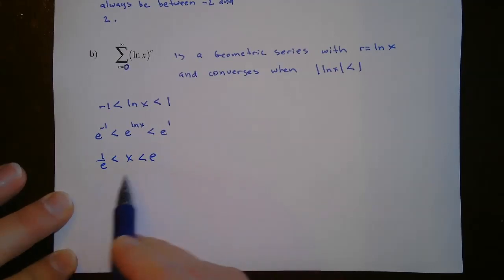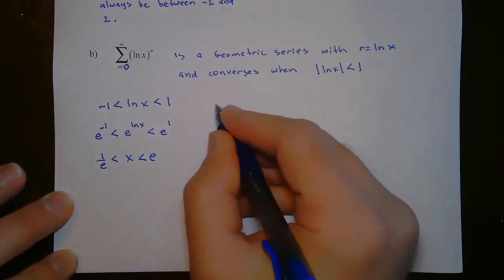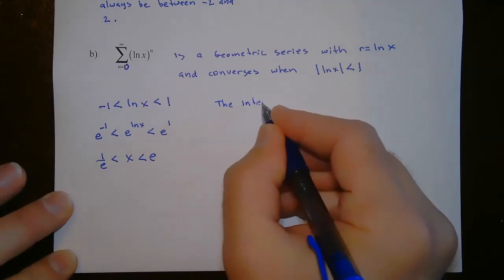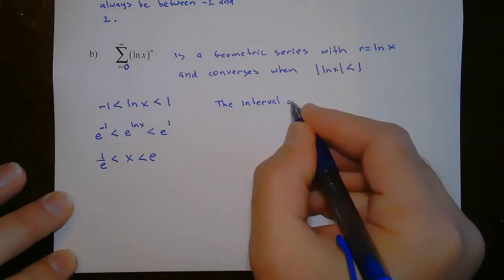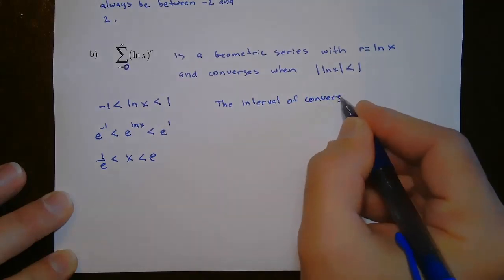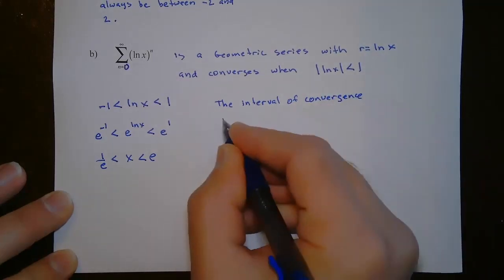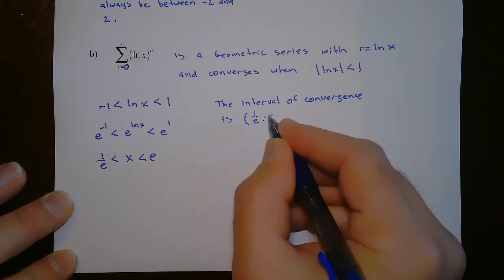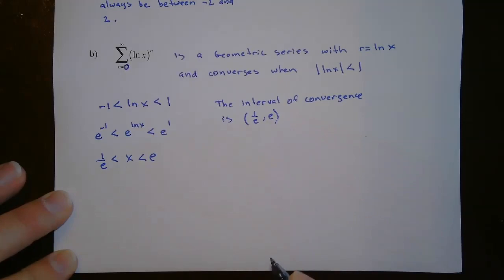So that's our interval of convergence. The interval of convergence is parenthesis 1 over e, comma, e.